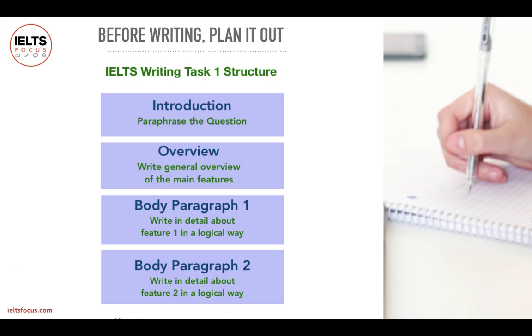It's just the general features or the key features of the maps, and then you have two main body paragraphs, but there's no conclusion. Now the body paragraphs is where you can go into detail and you can describe the main differences, but you need to group the information. I mean, this is especially so with line graphs and pie charts. You need to group the information accordingly. So really it's a pretty straightforward structure.